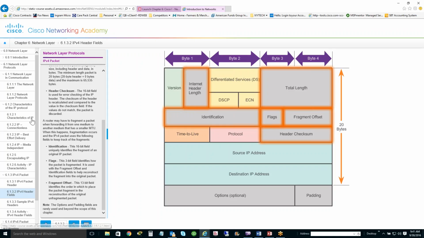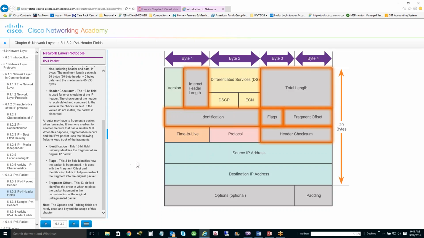One other thing to keep in mind is a router may have to fragment a particular packet when forwarding it from one medium to another, and that is if the medium has a smaller MTU than the receiving media.